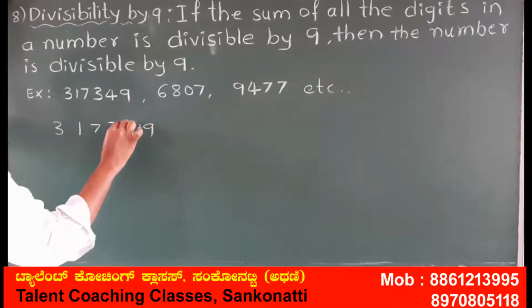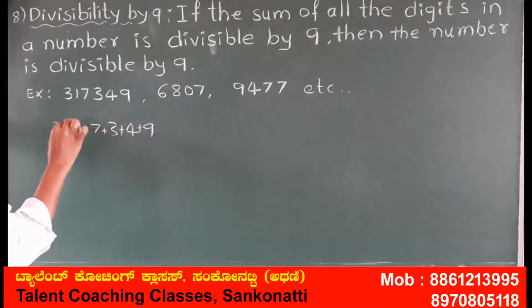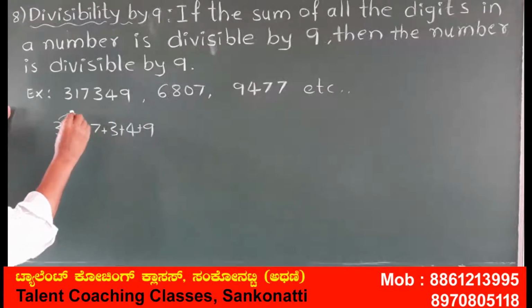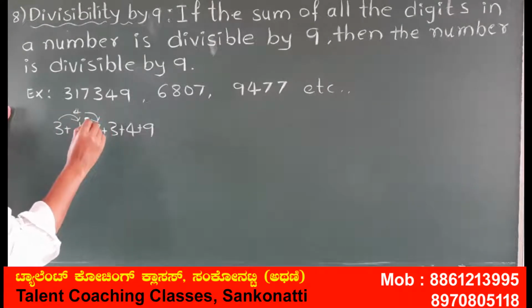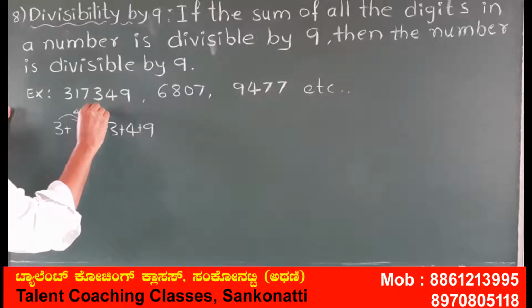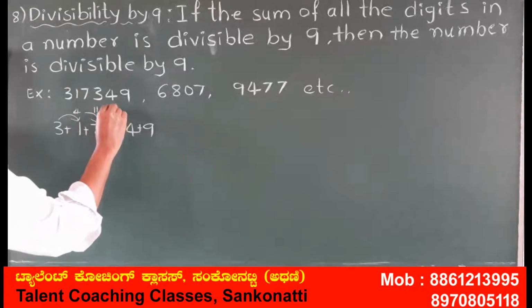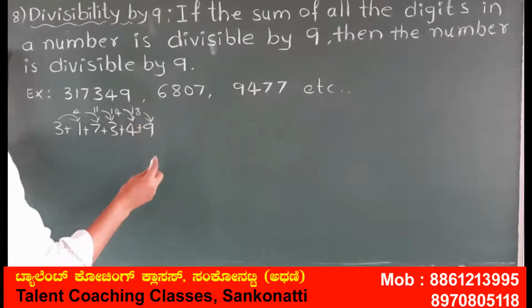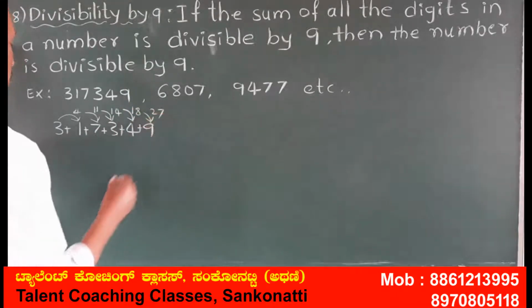We'll add these digits of the number. Now 3 plus 1 is 4, 4 plus 7 is 11, 11 plus 3 is 14, 14 plus 4 is 18, 18 plus 9 is 27.